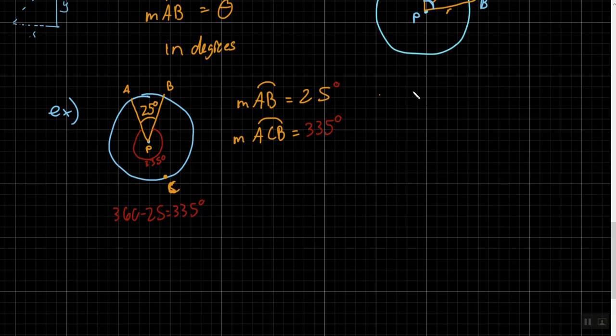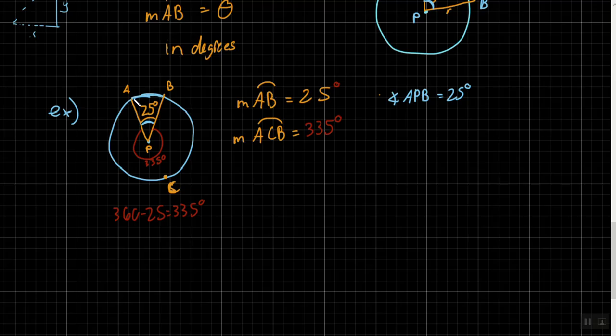So the angle is APB, but my arc is A to B. This is my angle, which equals 25 degrees. The angle is talking about this right here, and the degree measure of this arc is talking about from here to here.